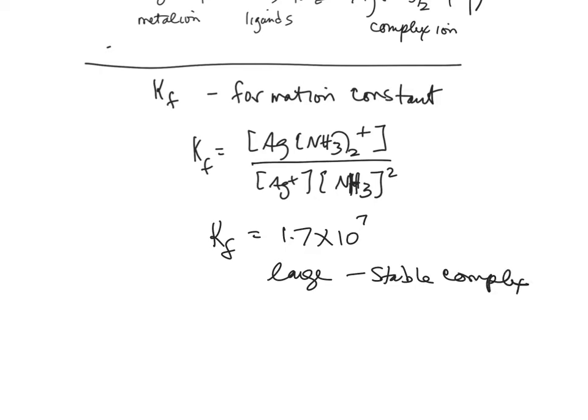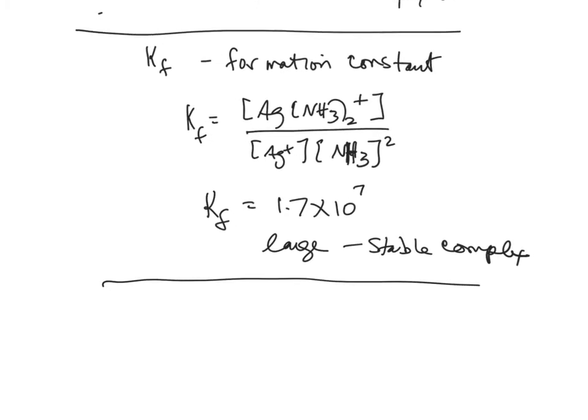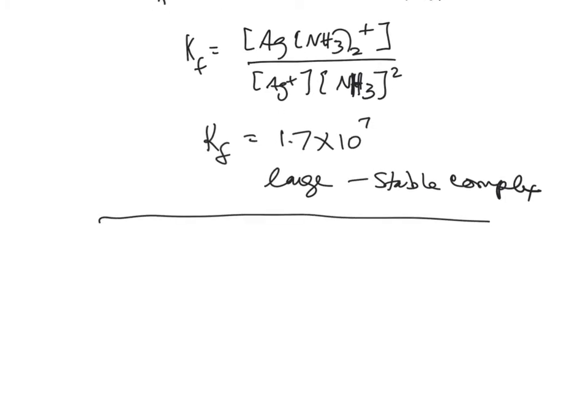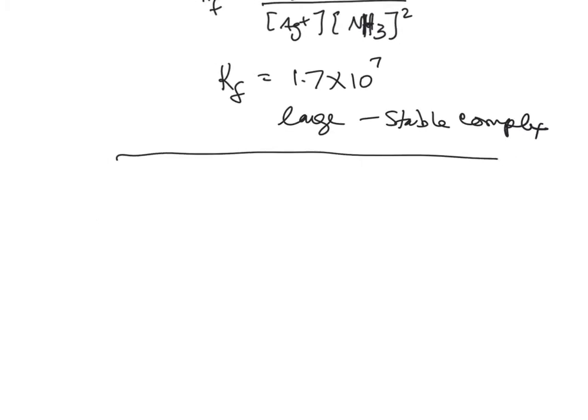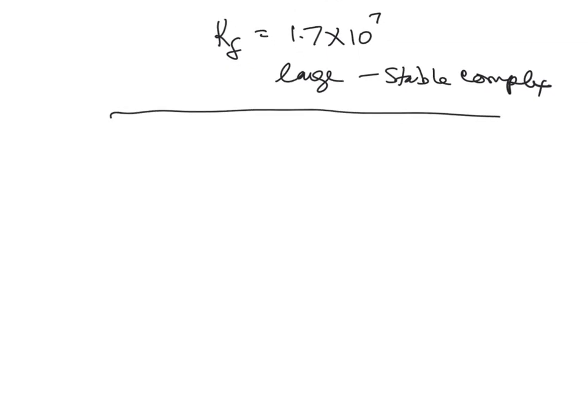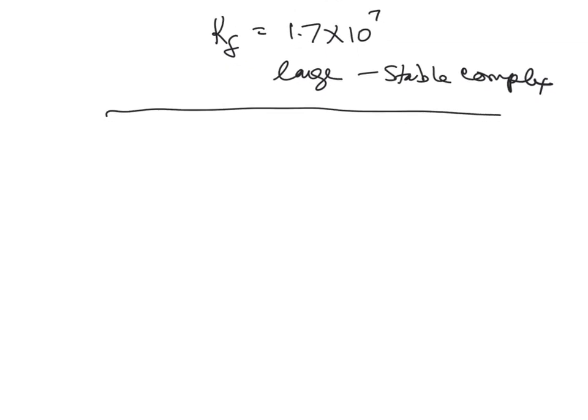It'll be in the form of the ion to the right of the equilibrium sign. So this happens to be a two-step process because there's two NH3 groups associated with it. And we can talk about the mechanism, which is one ammonia at a time.